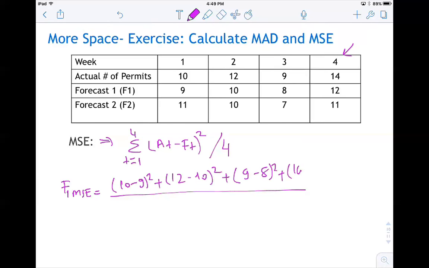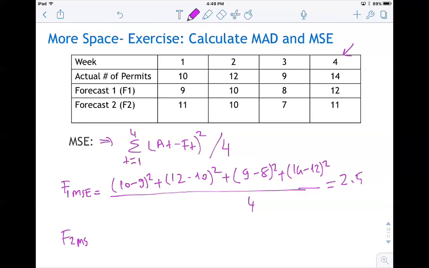And 14 minus 12 squared, divided by 4. The result for this equation is 2.5. The mean square error value for forecasting method 1 is 2.5.